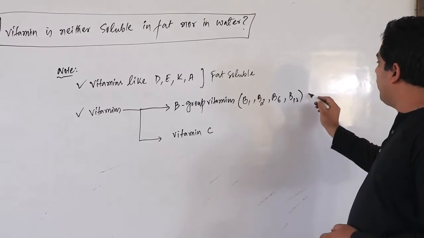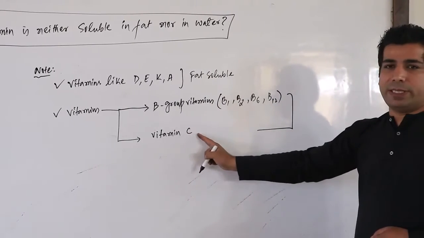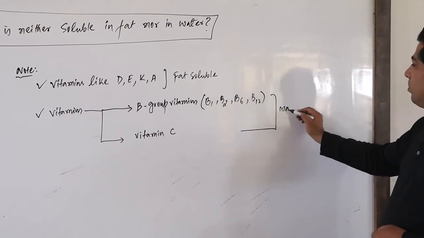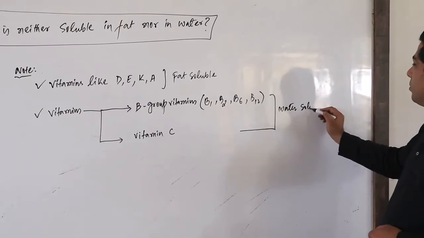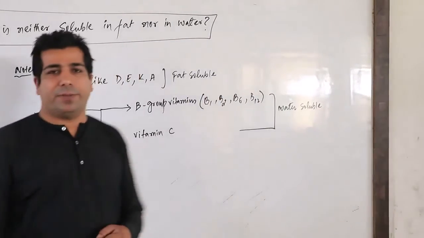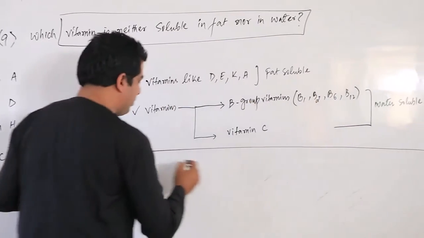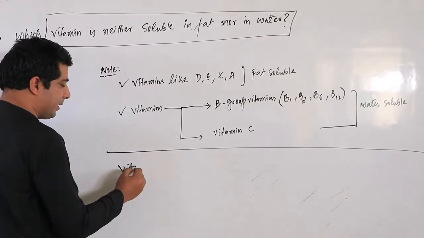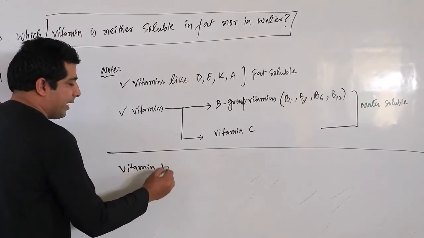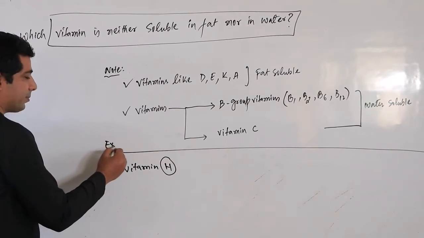Okay, my dear friends, these vitamins are B group vitamins and vitamin C. They are water soluble. Okay, then we have an exceptional case here. Have a look. Let's talk about an exceptional case. Exceptional case is basically vitamin H. Okay, this is an exceptional case.